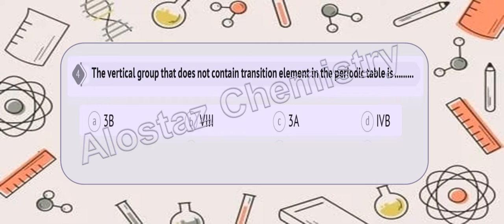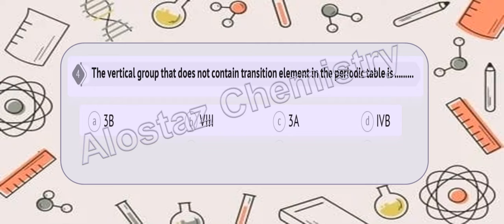We said before, when we classify the parts of the periodic table, we have the two sides, the right and the left, with all the representative elements. They take the letter A: 1A, 2A from the left, and from the right we have 3A, 4A, 5A, 6A, 7A, and group 0.